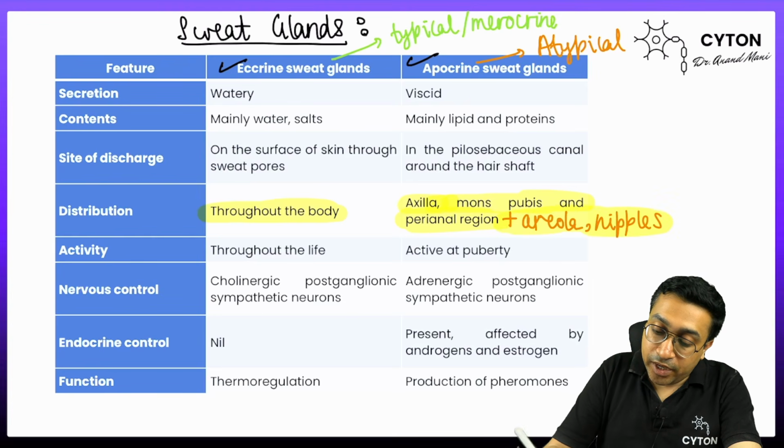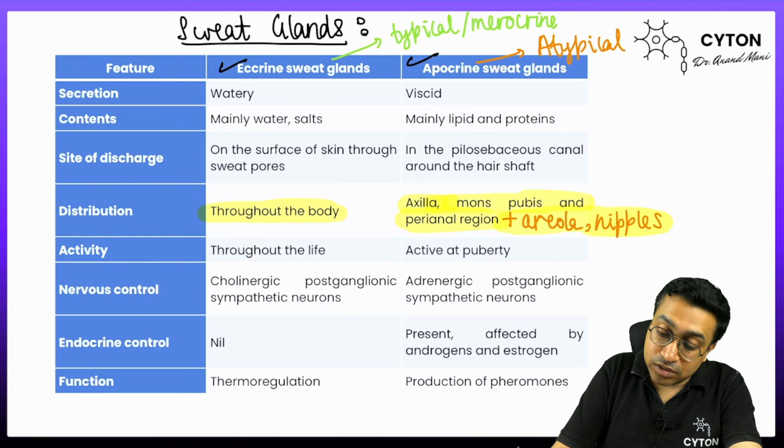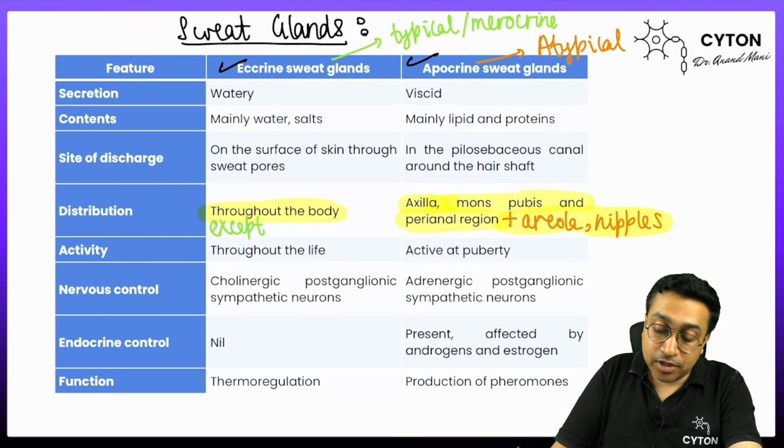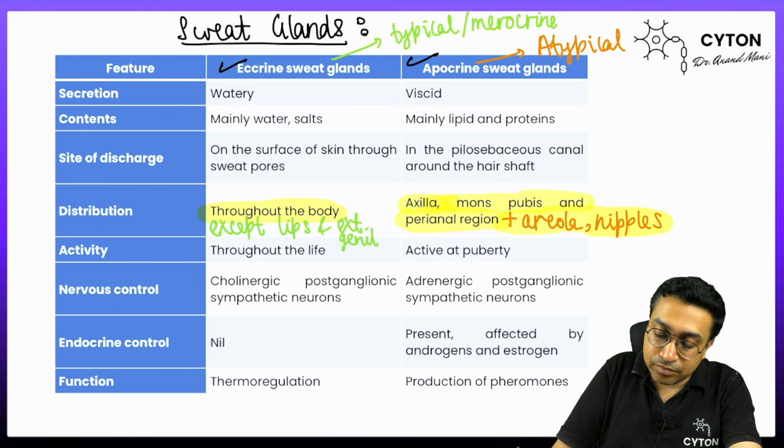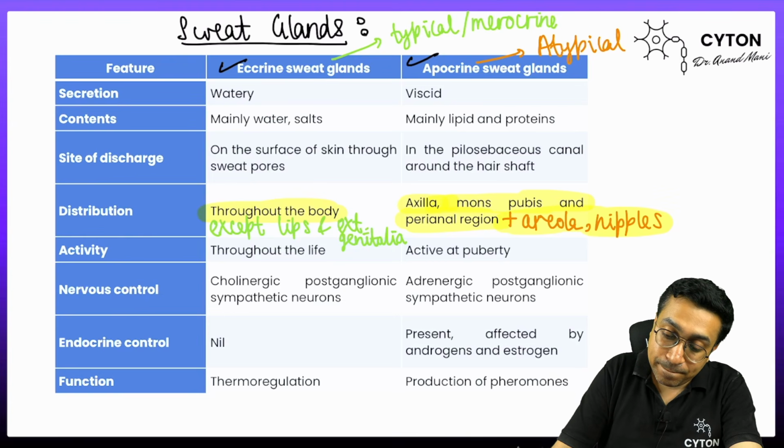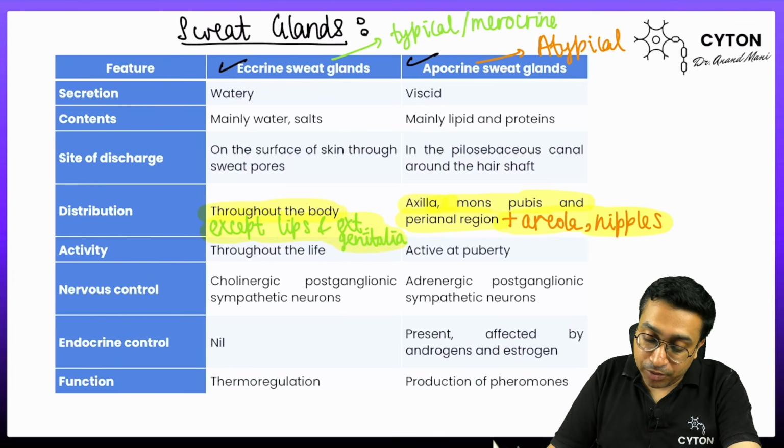And if we talk about eccrine, throughout the body except the lips and external genitalia. So distribution is very important.